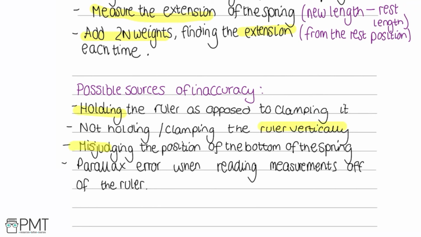So overall, here we've explained the method in a really logical, step-by-step way, using that detailed diagram at the start in order to aid in this explanation. And then we've gone on to add to our answer by including this section about the causes of the inaccuracies in the data here.